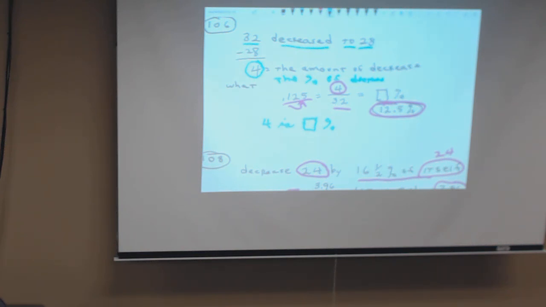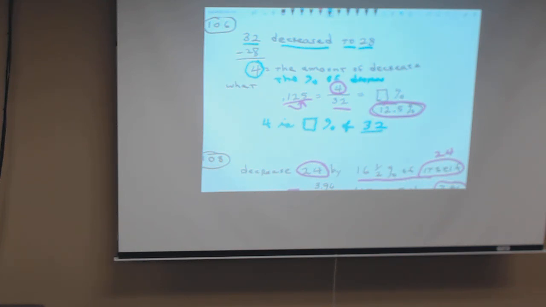And they want to know the amount of decrease. So which number do I put here? 32 or 28? Where did I start? 32. So that's the number that goes there, because I started here and decreased. So 4 is what percent of 32?